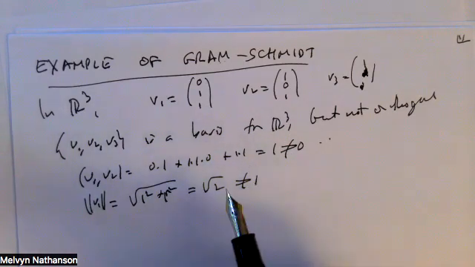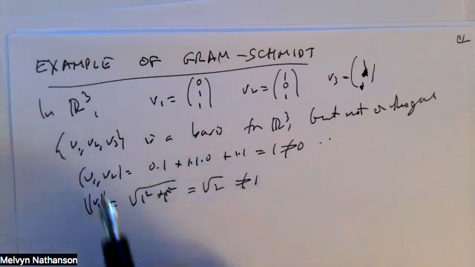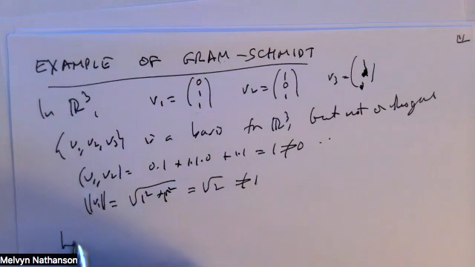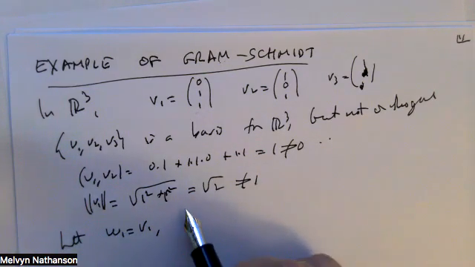So I want to apply Gram-Schmidt to get an orthonormal basis. So let me start with V1. Let W1 equal V1.